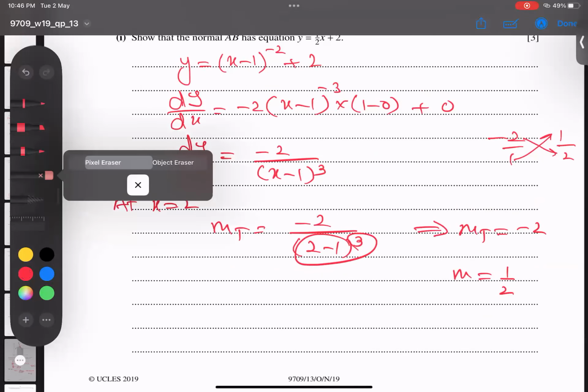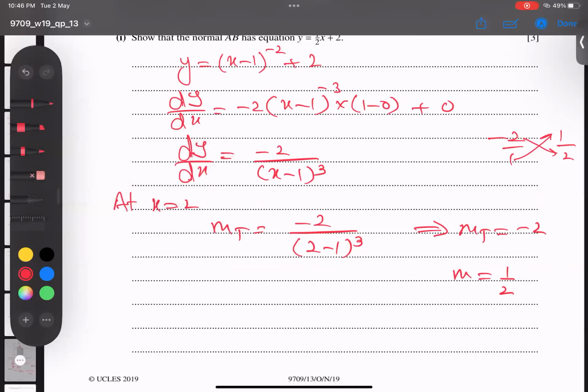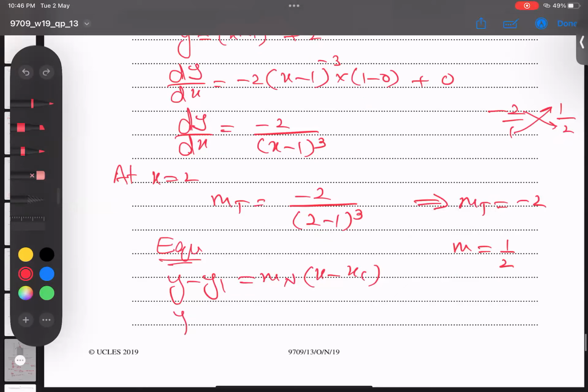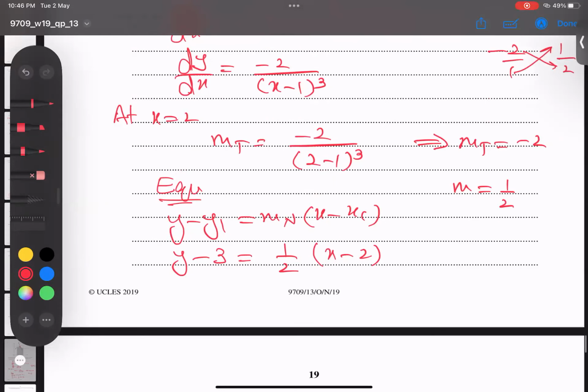Now I can go for the solution. The equation I am writing is y minus y1 equals m of normal times (x minus x1). Points are (2, 3). So 3 comes in the place of y1, here 2, and here half.